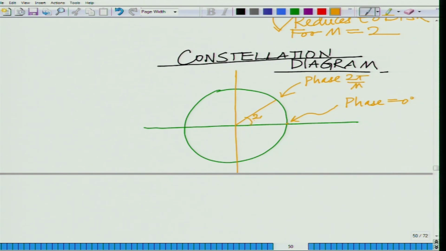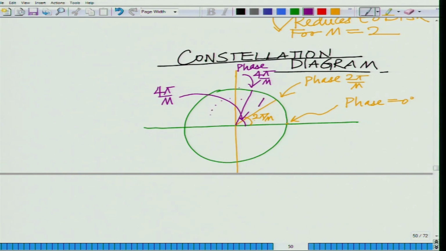The third symbol is at phase 4 pi by m, that is the phase difference between the symbols, and so on.